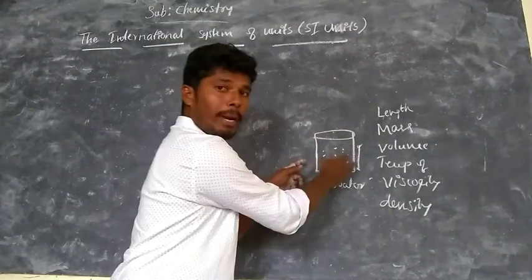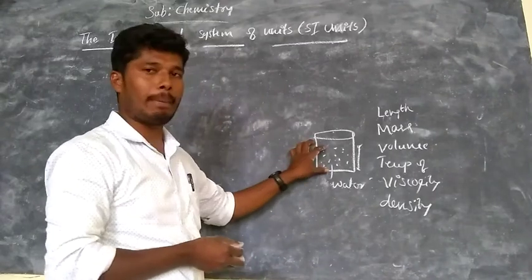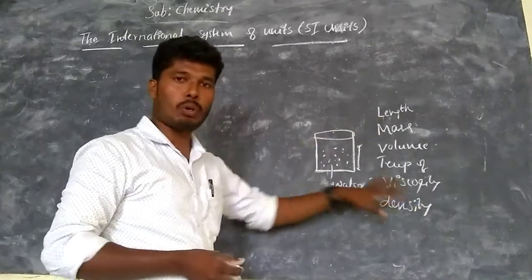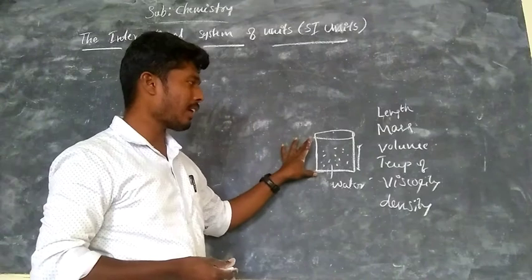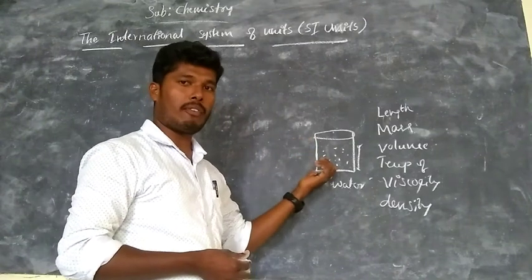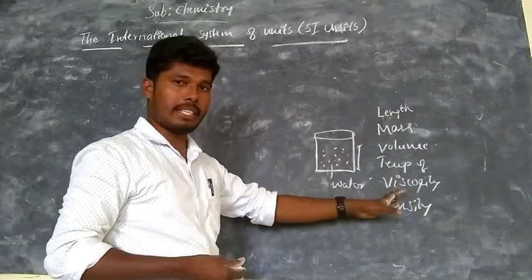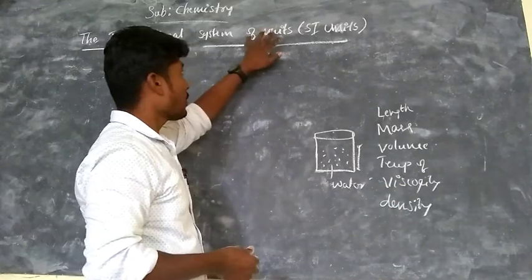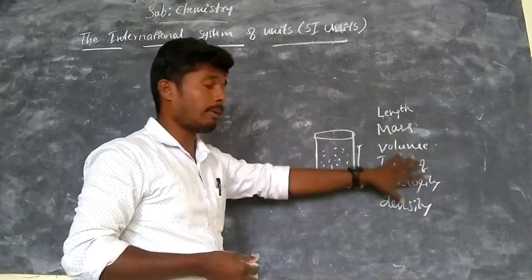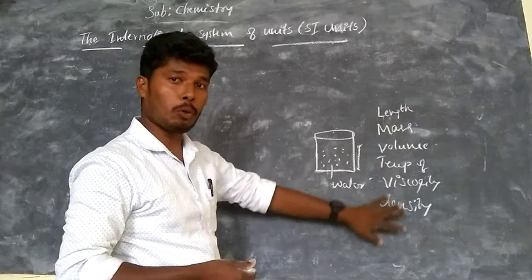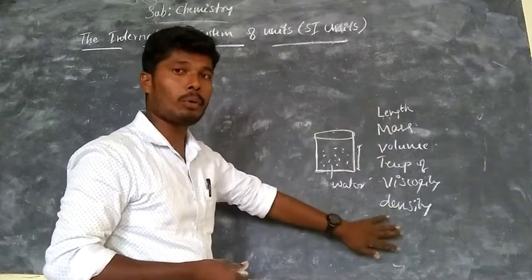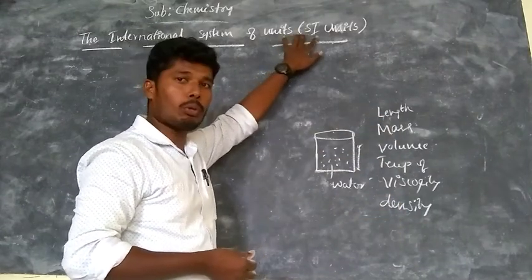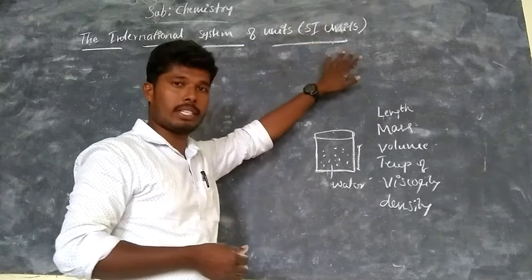Mobility means movement of water molecules inside the beaker. All these we should know when we take a beaker containing some quantity of water. For these quantities we have to know some units, and those units are called SI units.